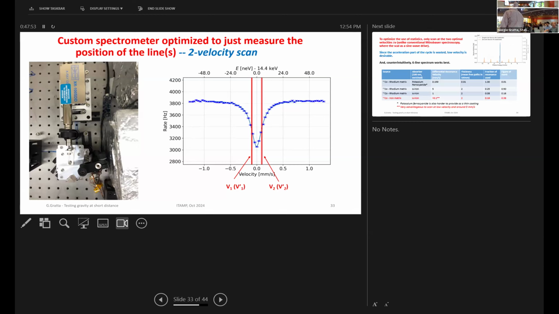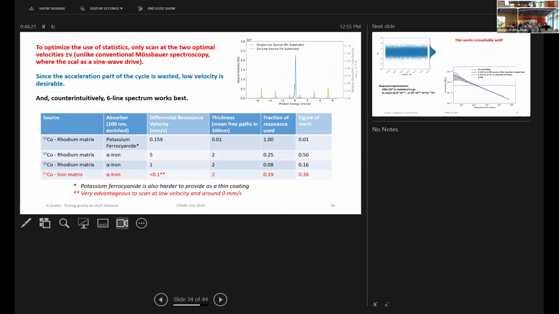For technical reasons, we actually make 4 measurements in 2 pairs because it works slightly better, but that's kind of irrelevant. This plot is here because, in demonstrating our 2-velocity spectrometer that we built ourselves, it compares the civilized nanoelectron volts here with the infamous millimeters per second that somebody complained about yesterday. So this is the truth table for that.